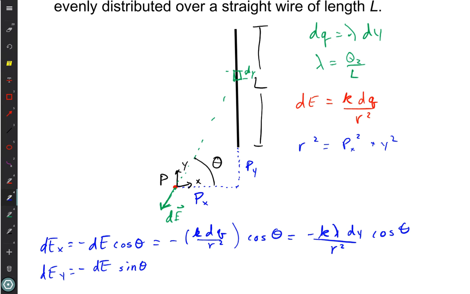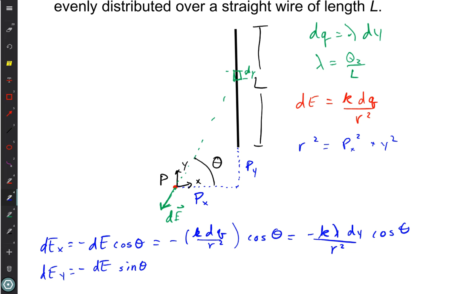There are lots of ways to solve this, but there's only one that's easy, and that easy way takes a little creativity. Which variable do you think is going to be easiest to solve with? Okay, had a couple people that said y. If we do it with y, well, it turns out it's not the easiest. If we do it with y, then we're going to have r squared is px squared plus y squared. That's easy. We're going to have cosine theta is equal to px over r.